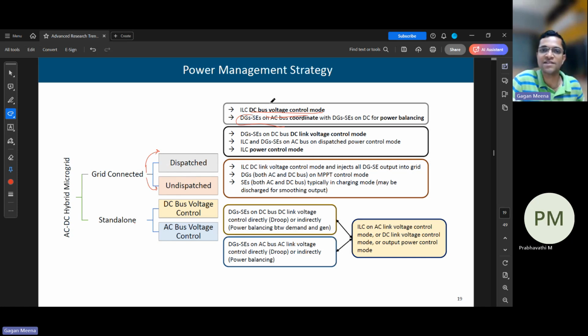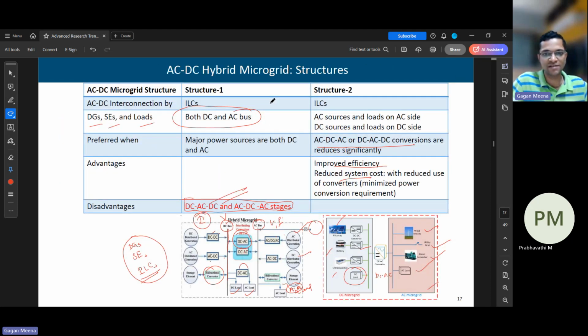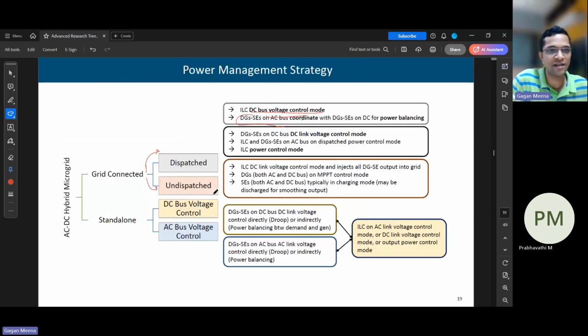So the second strategy is that the DGs and storage elements on the DC side control the DC link voltage, the voltage at this DC bus. They try to maintain a fixed voltage level at this bus, and the interlinking converter and the distributed generators and storage on the AC side work in the power control mode.